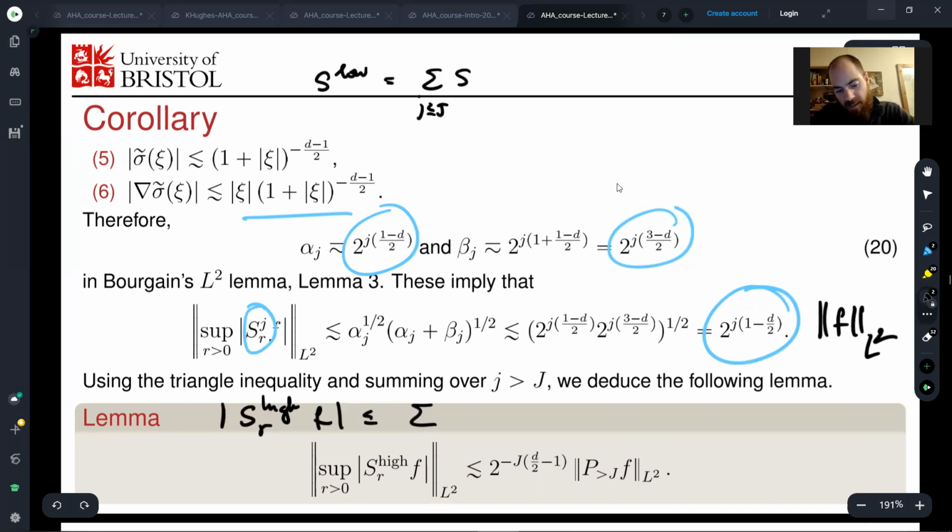I want it to be less than or equal to j. I may have accidentally had a little j there. So yeah, I just apply the triangle inequality in a blunt way. This SjR of f, at least in L2.